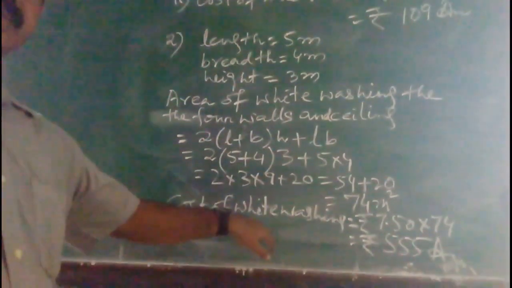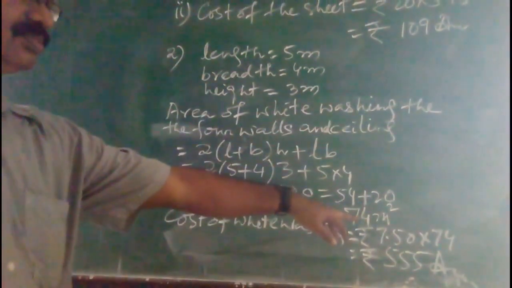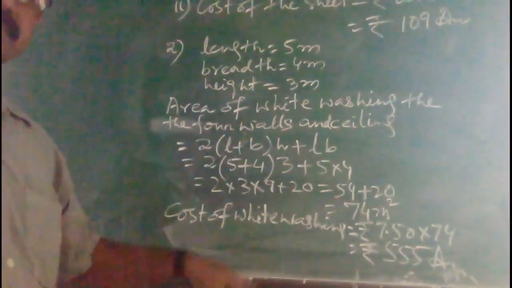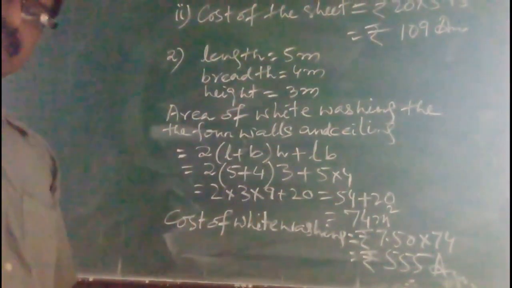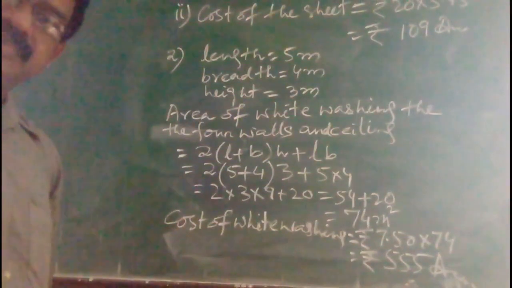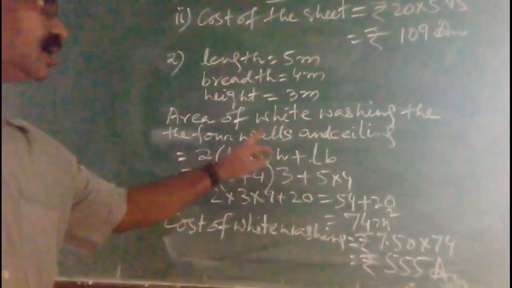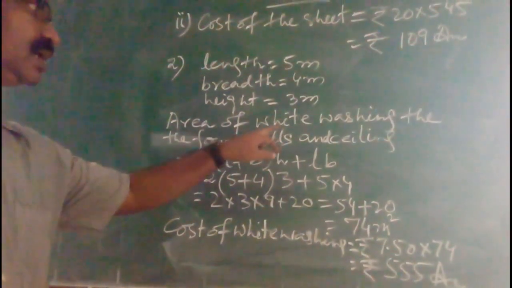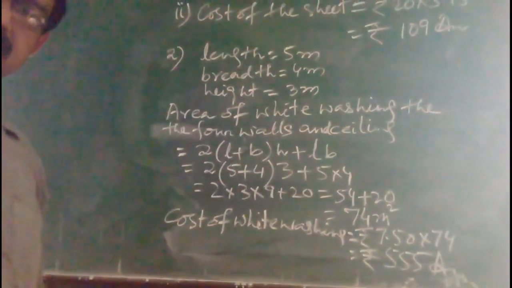So the cost of whitewashing at the rate of 7.50 is 7.50 with the area of the whitewashing portion. So now multiply 7.50 with 74, which is equal to rupees 555. So this is the total cost of the room where the walls and the ceiling of the room are whitewashed.